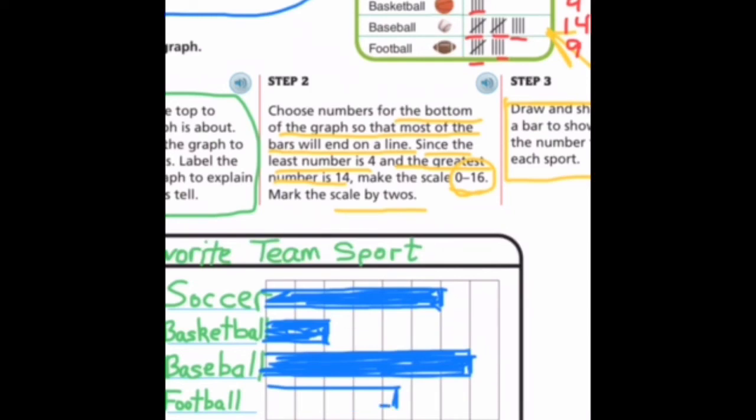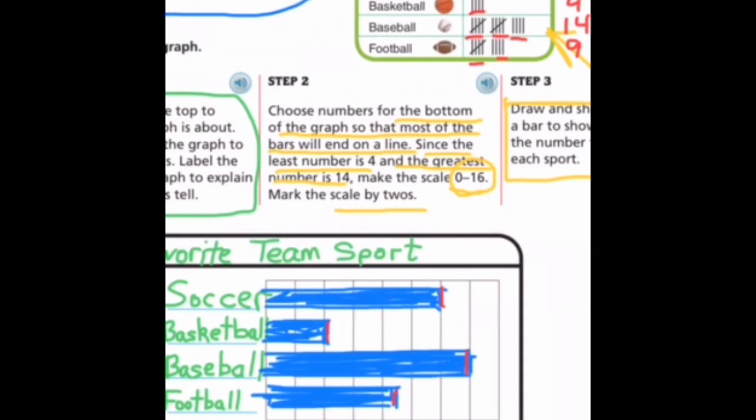I'm going to fix this line here. There we go. Now I can fill in the rest of my bar. So football is between the 8 and the 10. It's in the middle of 2 lines, but that's the only one. The rest of them all ended up right on a line, and then I only had the one that was in between 2 lines.